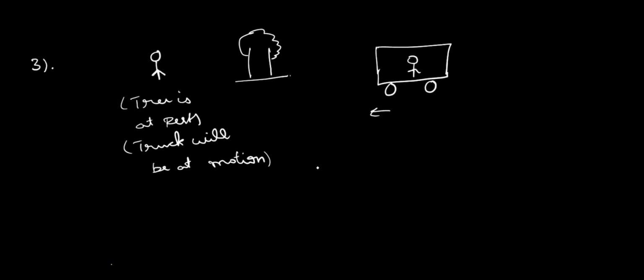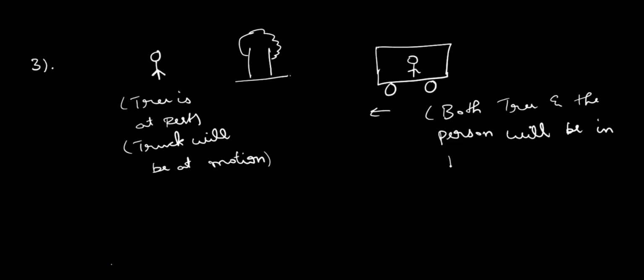The person who is sitting inside the truck, if he observes both the tree and the person, will see both the tree and the person in the state of motion with respect to him.